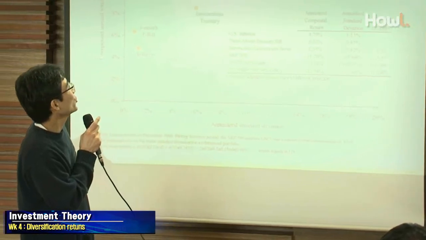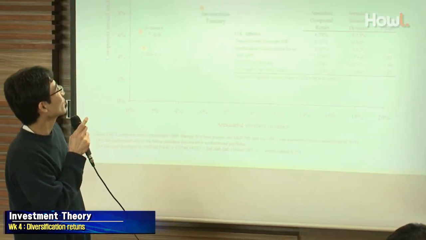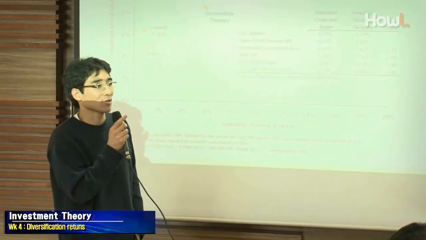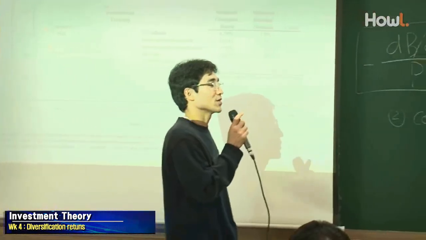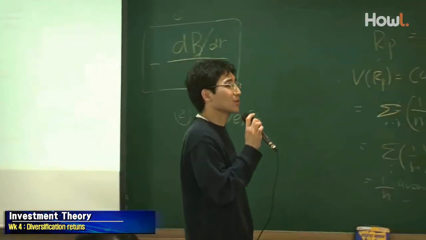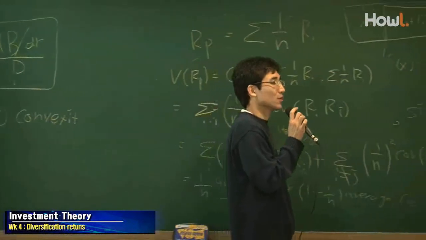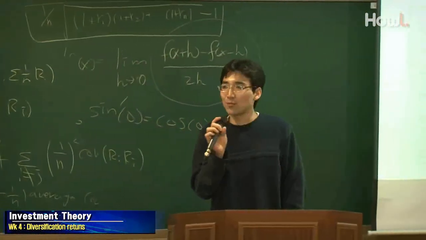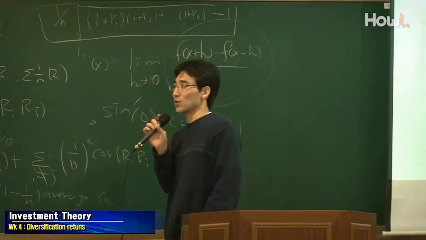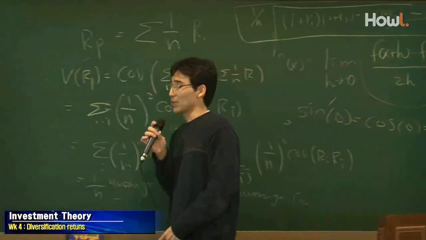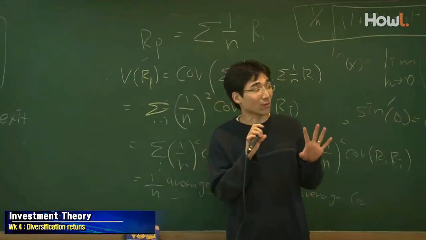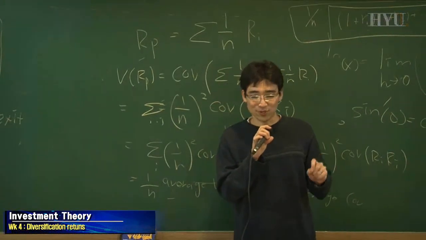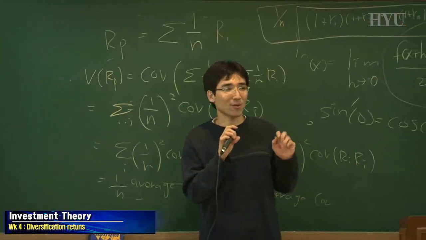And GSCI total return. GSCI stands for Goldman Sachs Commodity Index, and it is the most famous index to track the commodity portfolio. I will explain more about GSCI later. Anyway, it is the most popular and influential index for commodities.